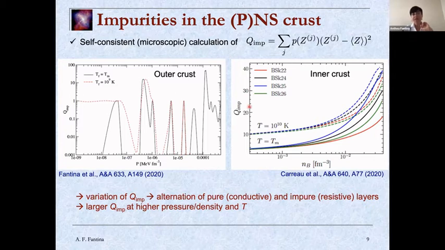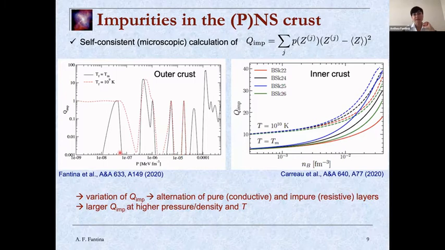This oscillation is a consequence of the more microscopic approach used for the outer crust, while for the inner crust we have used a compressible liquid model approach, which smoothed the behavior, but the tendency is the same.